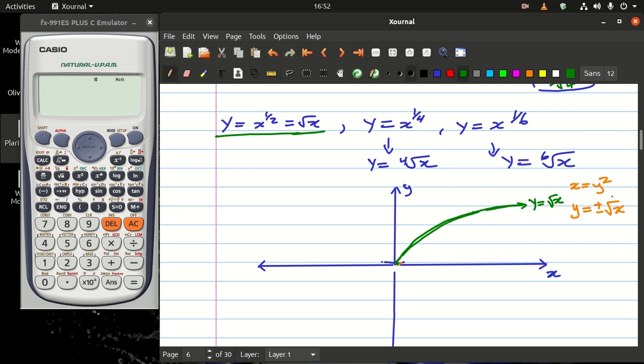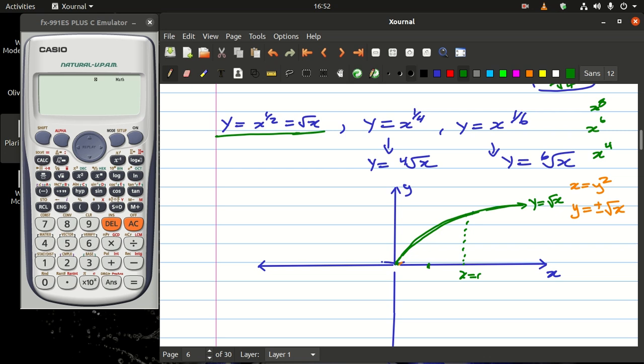Because x squared had the same shape as x to the power 4, and the same shape as x to the power 6, and the same shape as x to the power 8, then this and that, because these are the inverses of these things, are supposed to have the same shape. We just need to know that when x is equal to 1, these things meet, right? So that's what's going to happen.